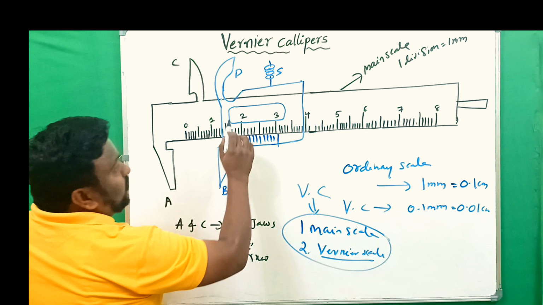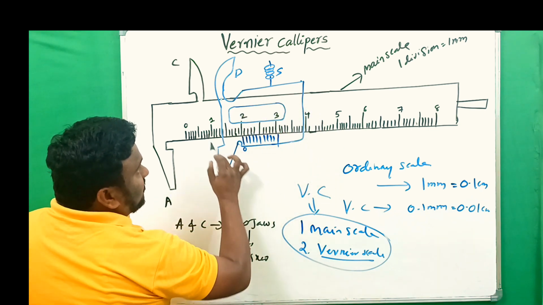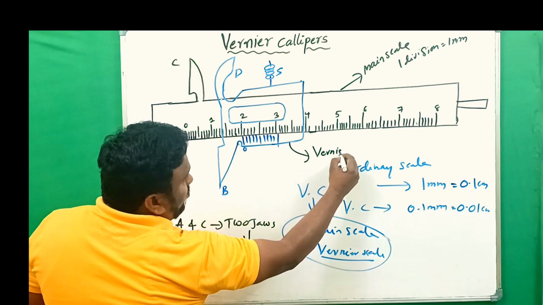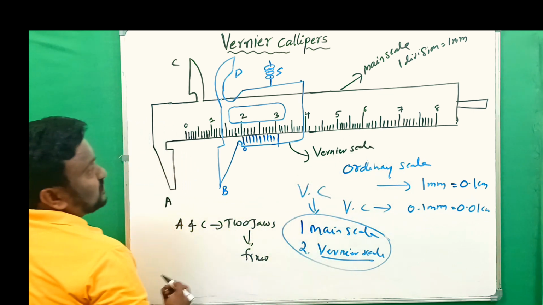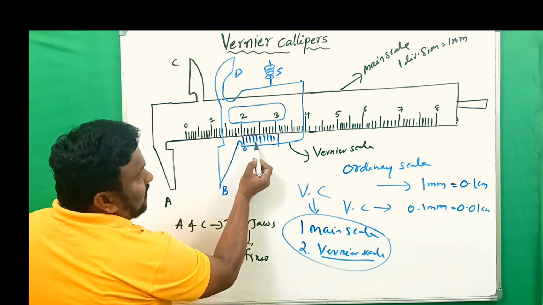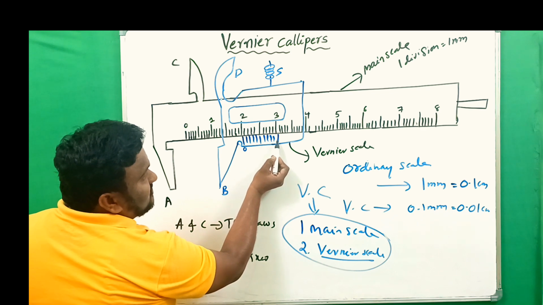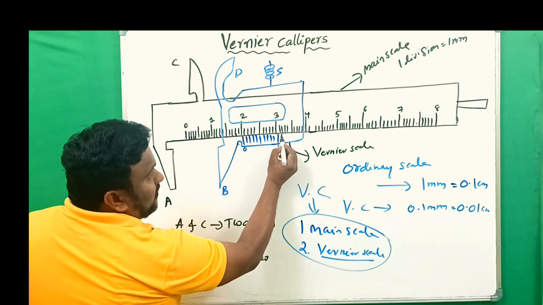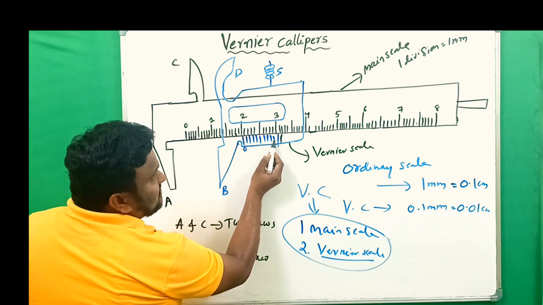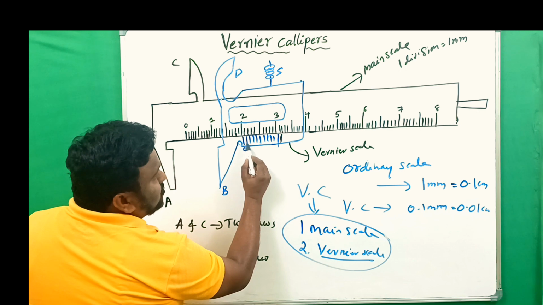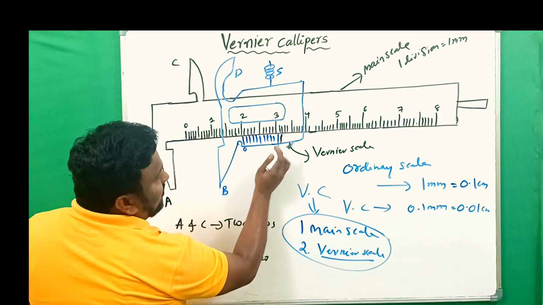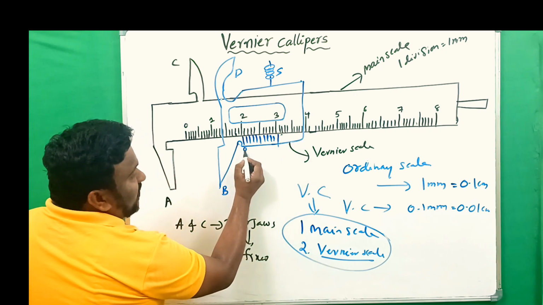And now, what we are finding in blue color should be the vernier scale. In this vernier scale you have to observe 0, 1, 2, 3, 4, 5, 6, 7, 8, 9, 10. So the starting one is 0.